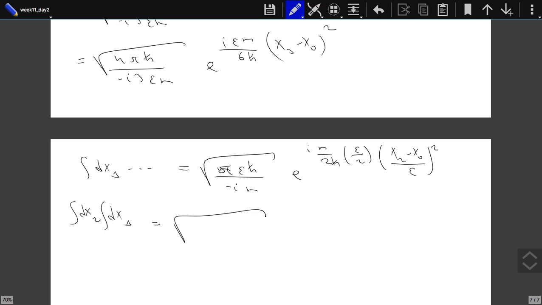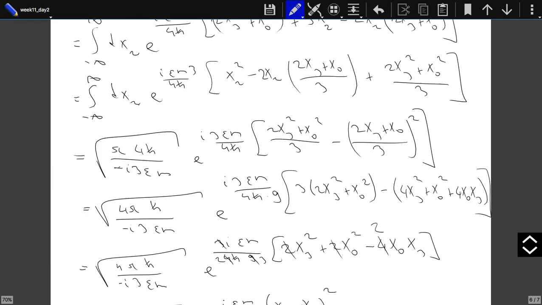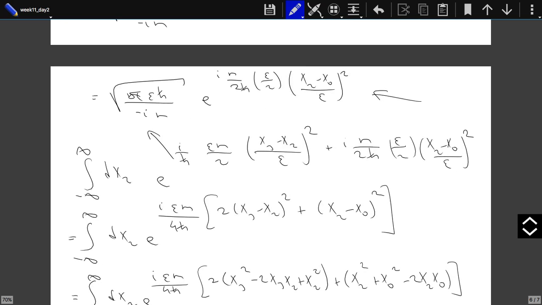by the way, where did I make a mistake? This pi. No, this epsilon. Now the mistake was over here. Here I have a 1 over epsilon squared. So epsilon is not in the numerator, it's in the denominator.